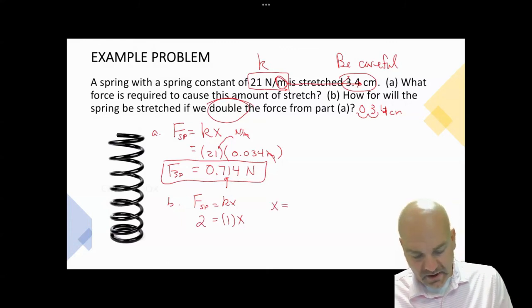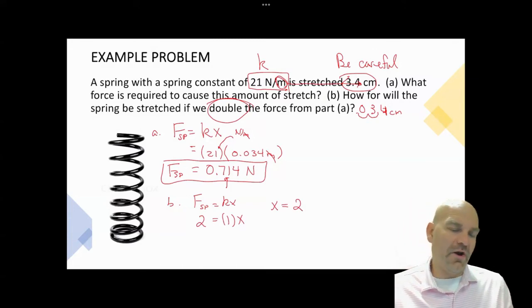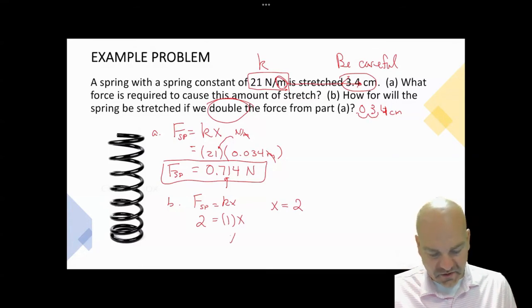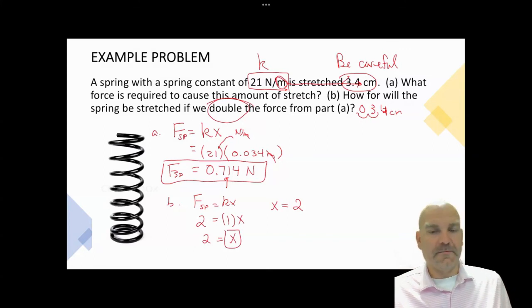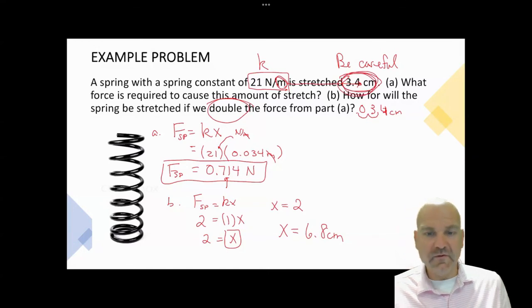So our x is going to be double the distance, and the factor of change for x is 2. The distance will be 6.8 centimeters, because our original was 3.4 centimeters, and I'm going to double it.